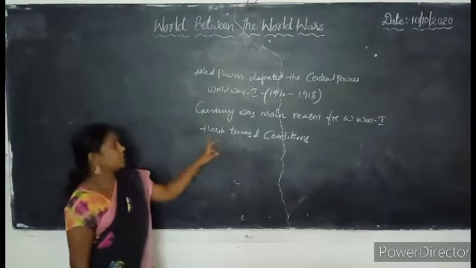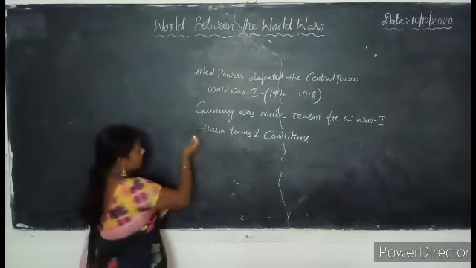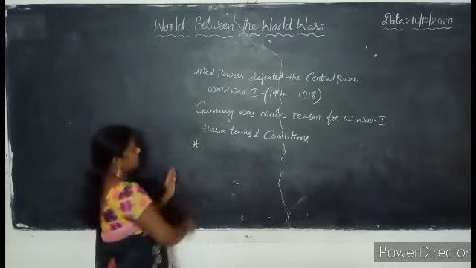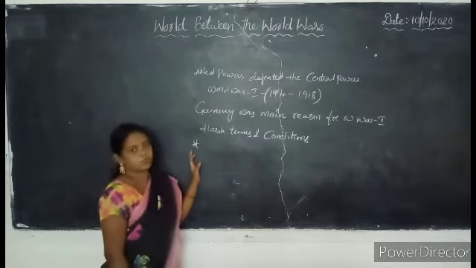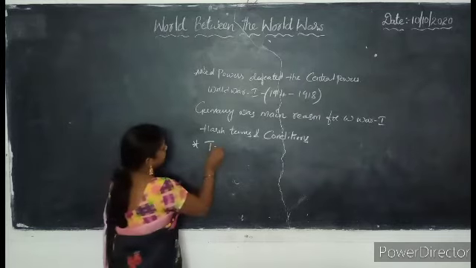How are the terms and conditions very harsh? Let us see what the terms and conditions are. These terms and conditions are of three types. The first one is territorial.